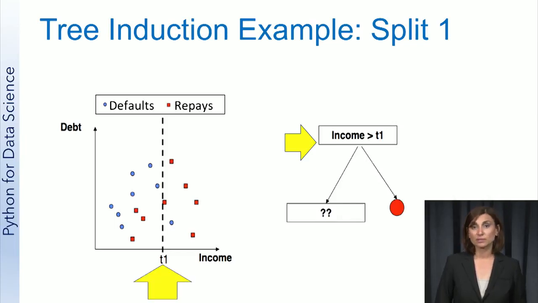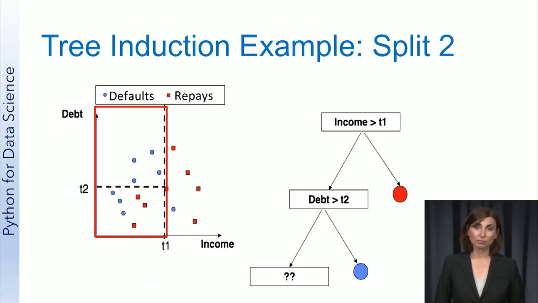One way to split this dataset into more homogeneous subsets is to consider the decision boundary where income is T1. To the right of this decision boundary are mostly red samples, and to the left are mostly blue samples. The subsets are not completely homogeneous, but that is the best way to split the original dataset based on the variable income.